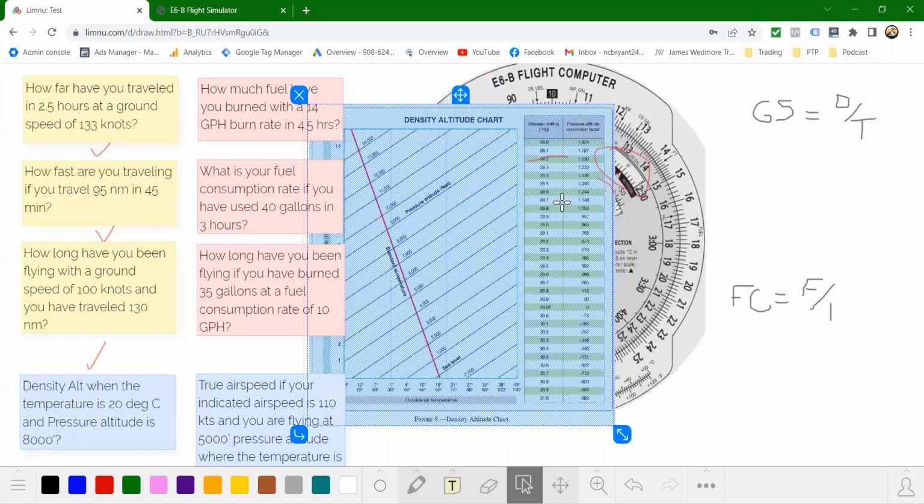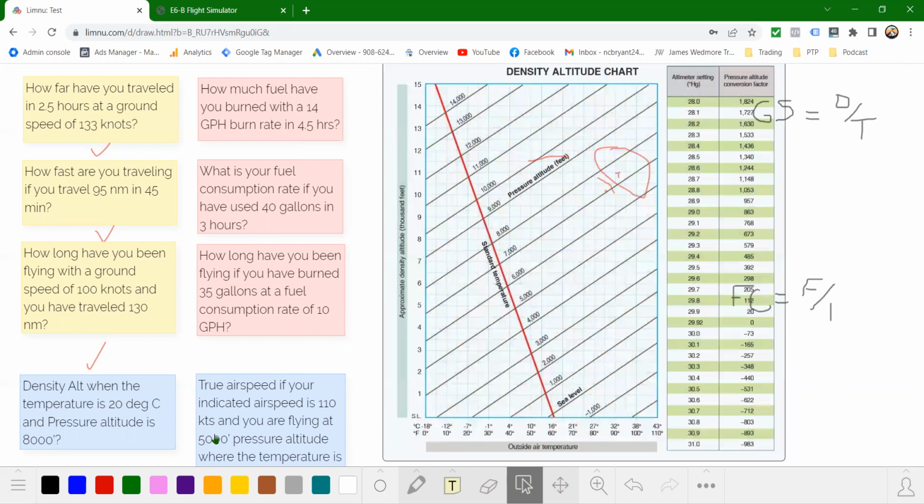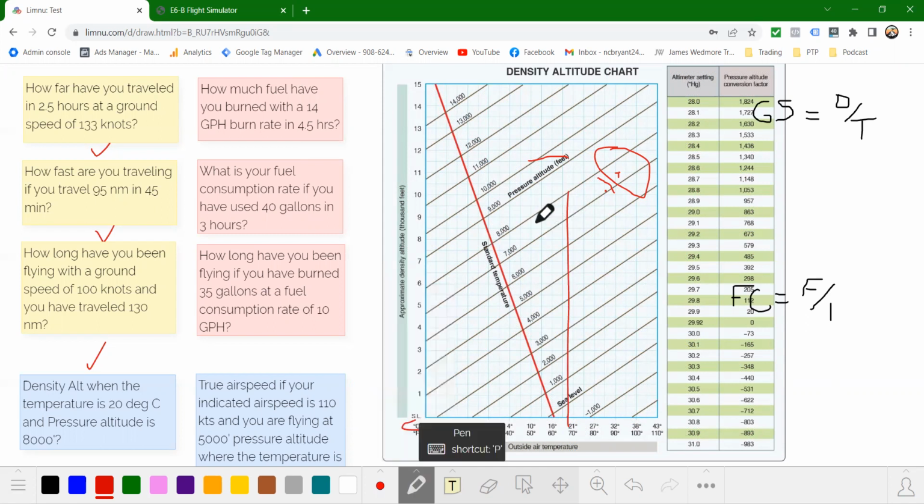All right, this chart right here. So let's just do it on this chart. We have 20 degrees, so we want to find 20 degrees Celsius on this scale down here. That's going to be about right here. And then we want to draw a line straight up until we reach the 8,000 line, this one that goes horizontal here.